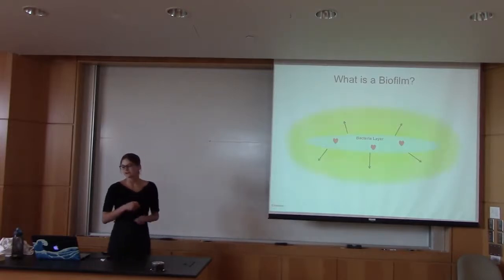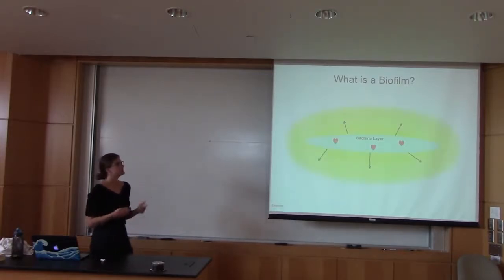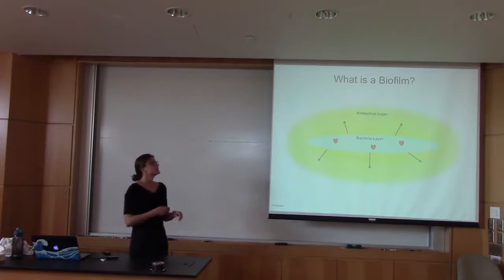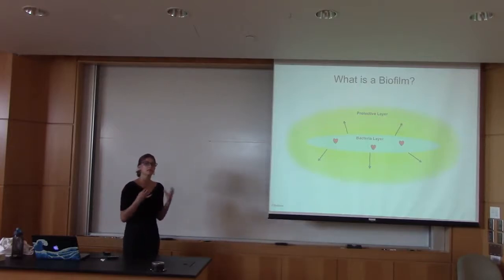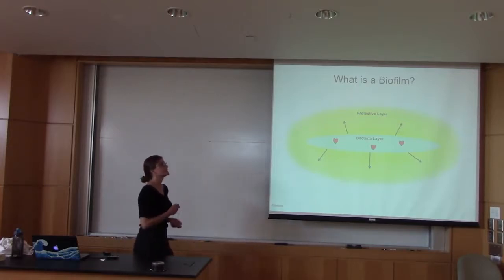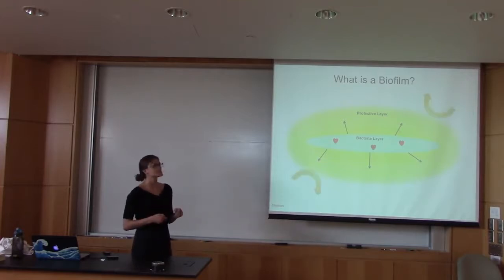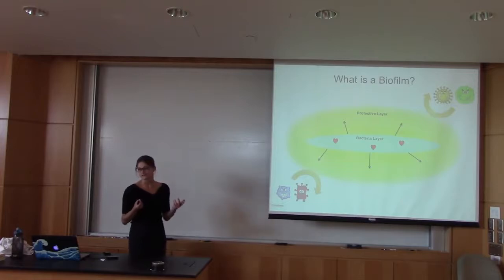And once enough of these virulence factors accumulate around the bacterial layer, it creates a protective layer, not only because it fosters the optimum growth of the bacteria themselves, but it also creates a protective layer from possible invaders, such as pathogenic bacteria and antibiotics.